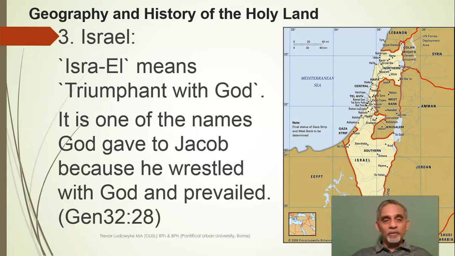We are told in the book of Genesis chapter 32 verse 28 that a man came and wrestled with Jacob, and he's supposed to be God in a human form, or an angel, who came and wrestled with Jacob, and Jacob was able to prevail against that person whom God sent. So God gave Jacob the name because he prevailed against God. So the name Israel means triumphant with God.